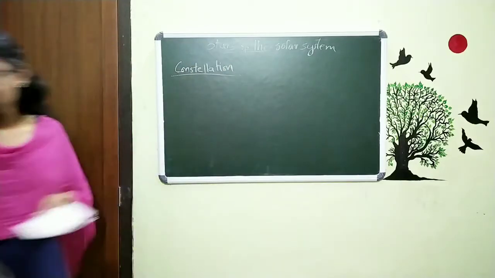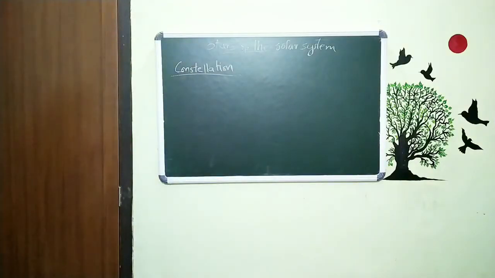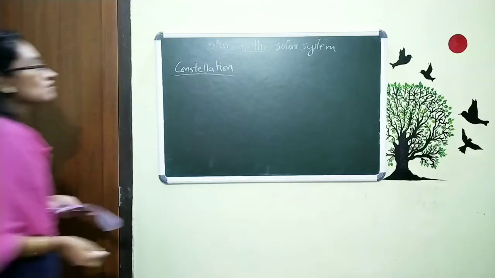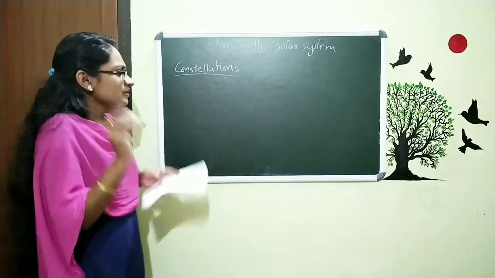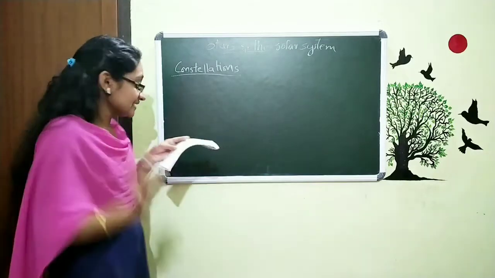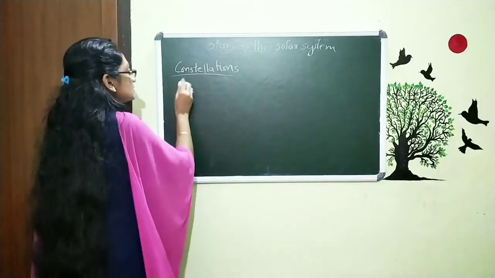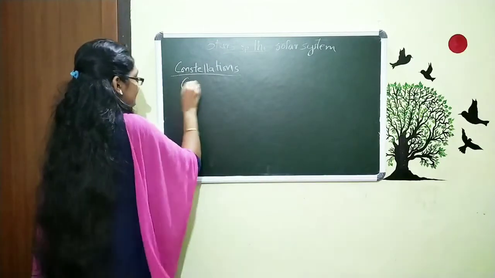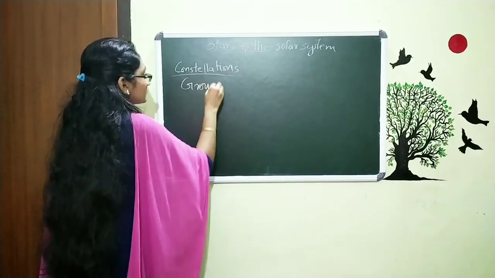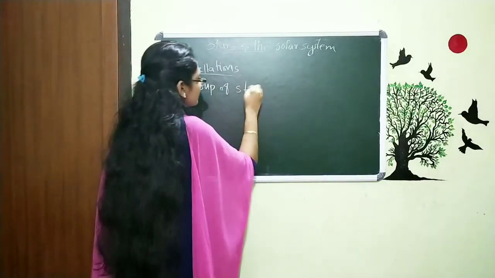Constellation or constellations. What is this constellation, or we can also say constellations? That is very simple. This constellation means a group of stars. Group of stars.